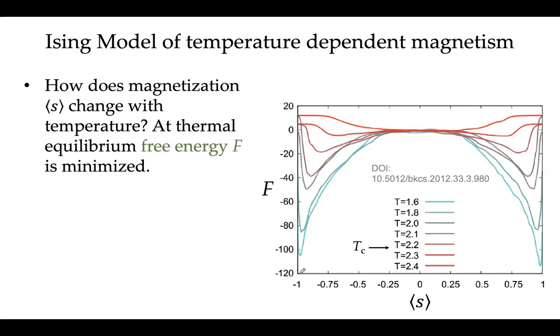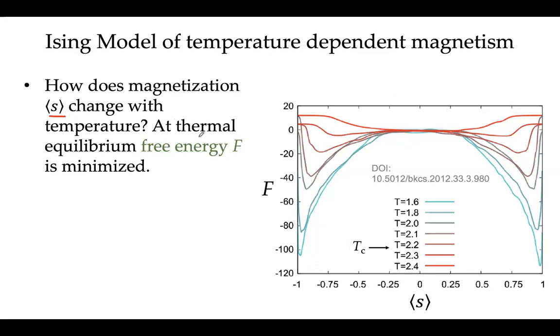Okay, now the question is, how does magnetization or the average spin change with temperature? We saw that below Tc it was non-zero, but if you go above Tc, a phase transition happens and magnetization goes to 0. So what is the quantity that encodes how magnetization changes with temperature?